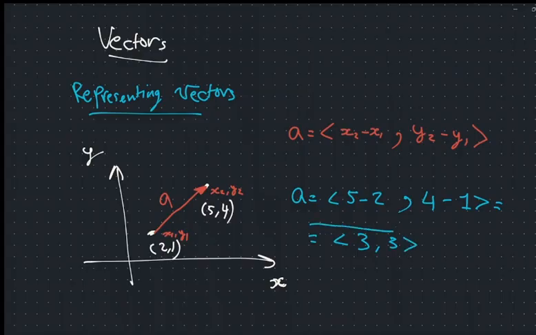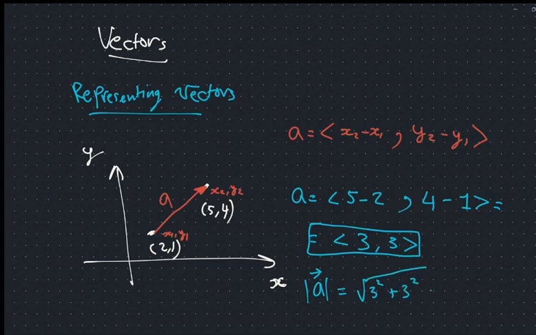So this is the component form of the vector A. Can we find its magnitude? Yes, we can. The modulus of A is going to be the square root of 3 squared plus 3 squared, and it's going to be equal to the square root of 18. So this is the magnitude of the vector A in this case.